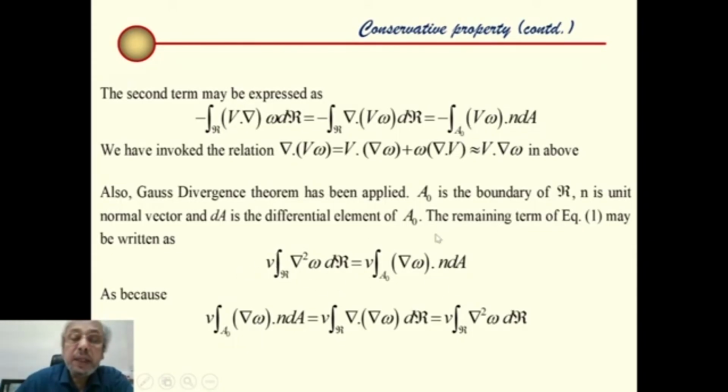And the remaining term is the viscous term, which is nu grad square omega integrated over R dR.